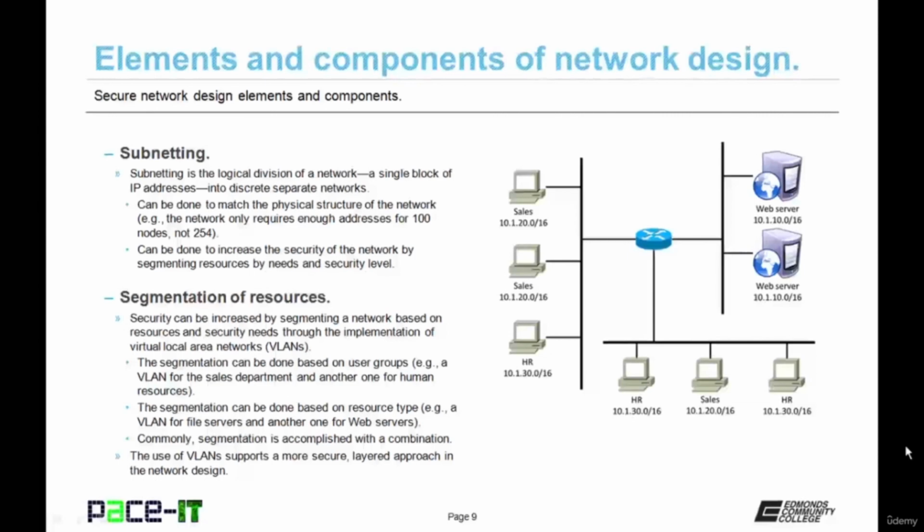The segmentation can be done based on resource type, as in a VLAN for file servers and another VLAN for web servers. Commonly, segmentation of resources is accomplished with a combination of both user groups and resource type. The use of VLANs supports a more secure, layered approach in the network design.